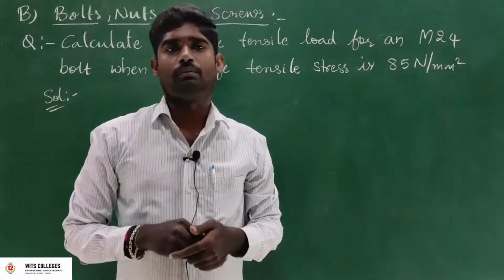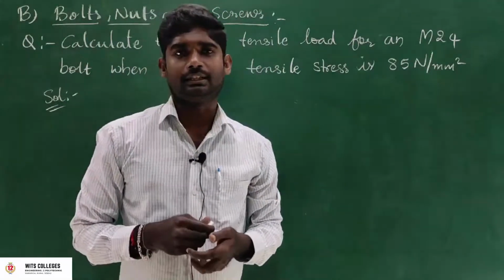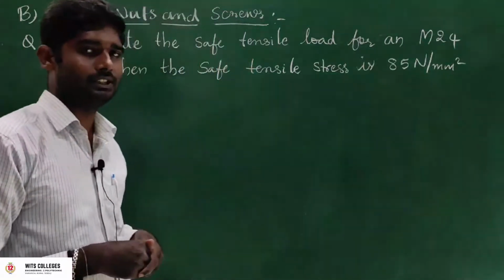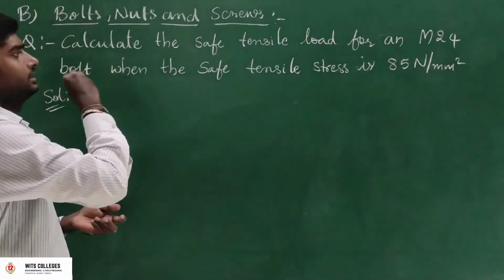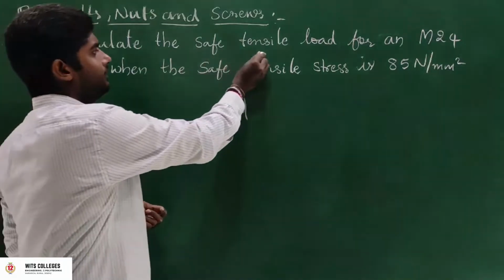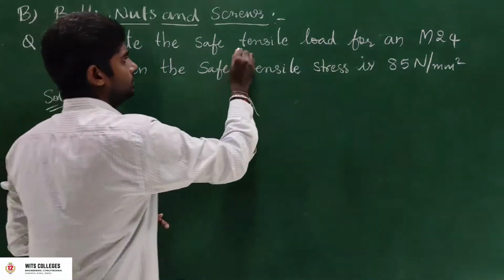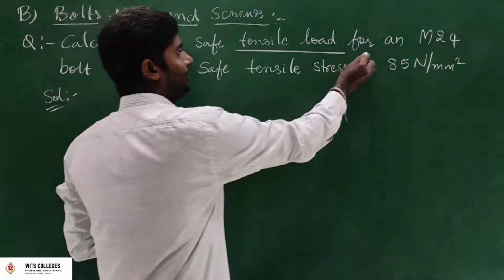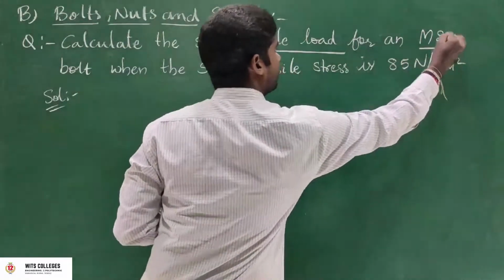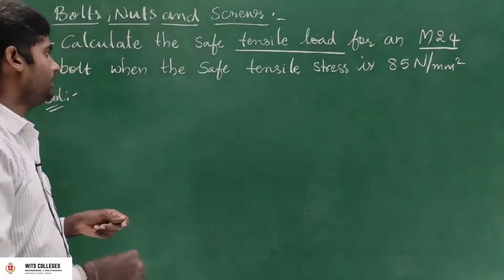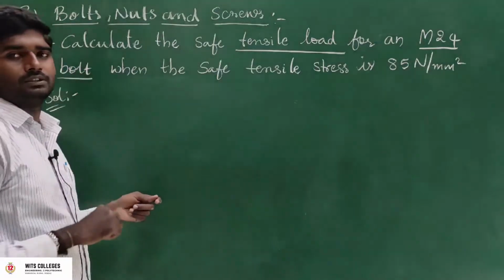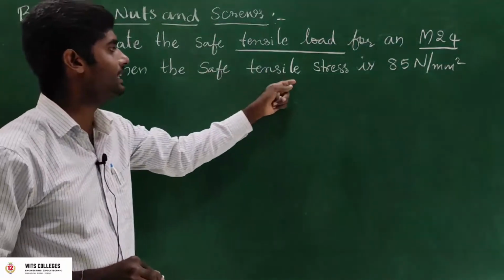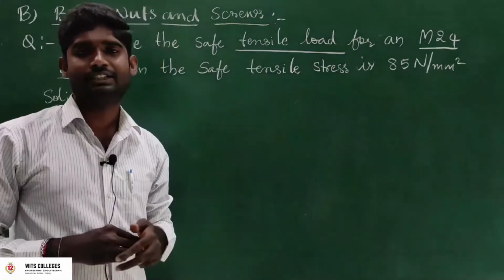Let's see one problem using theory. Our first consideration: calculate the safe tensile load for an M24 diameter screw bolt when the safe tensile stress is 85.